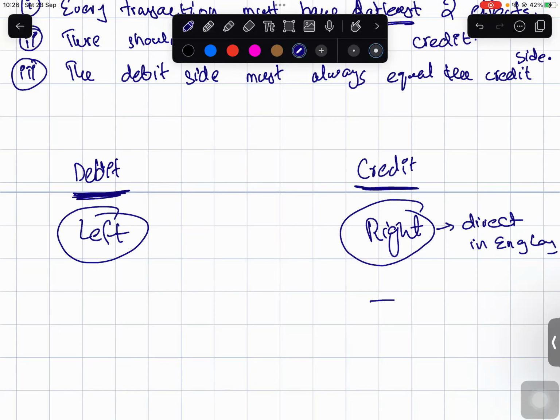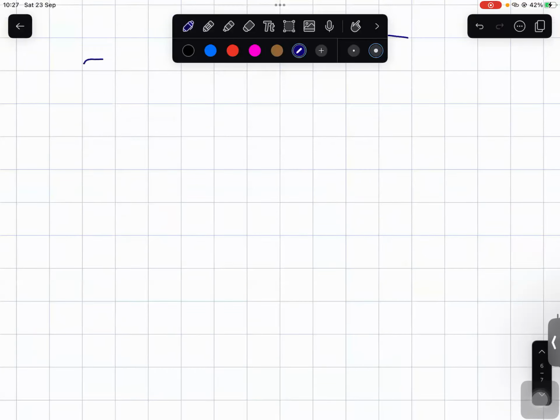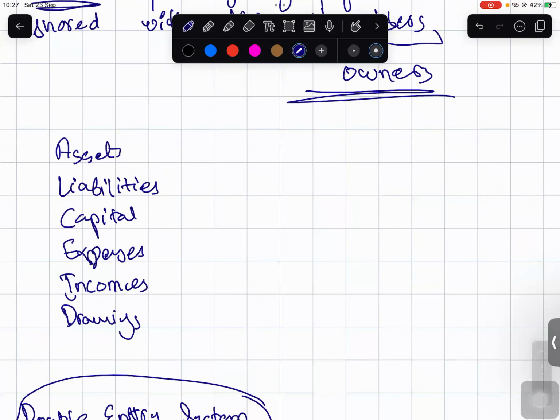In French it would be something different, in Italian it would be something different. This is how you direct people in the accounting language. All right, there is nothing more to this. Is this clear? Any confusion regarding these words? No. Good. And now we can get into our table. Yeah, this one. Okay.